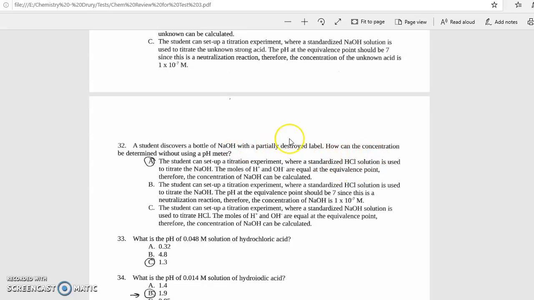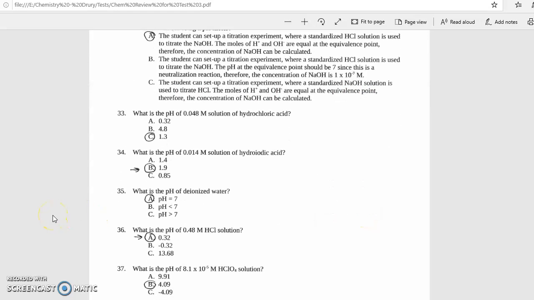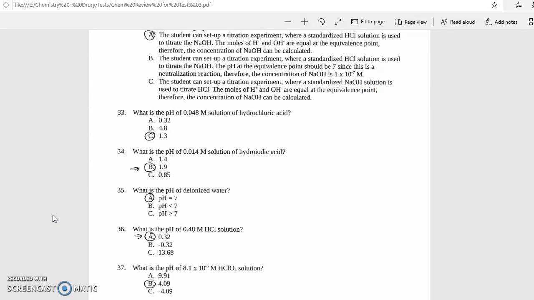So if you have a base here, you use an acid to titrate it, where you know the concentration of this, and that will give you that value, right? You can't titrate this with this. It doesn't work out. All you're doing is just adding more OH ions to the solution.